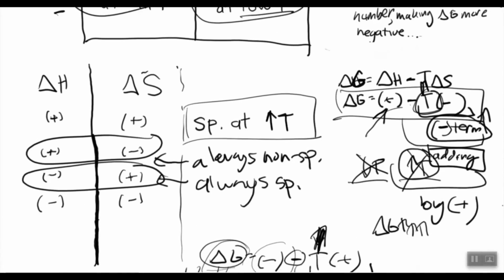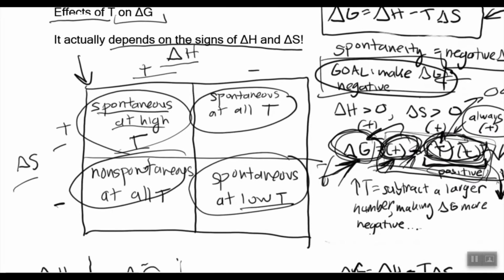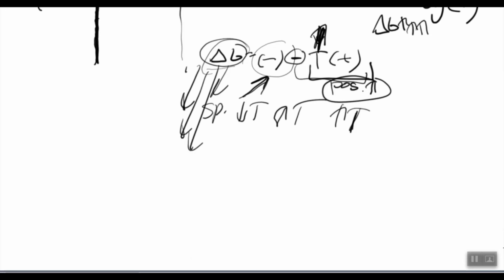So if our goal is to make delta G as negative as possible, what's ideal is to make the delta H negative and the delta S positive. And this shows us that when a delta H is negative or a delta S is positive, it supports spontaneity. So that's a very important thing.